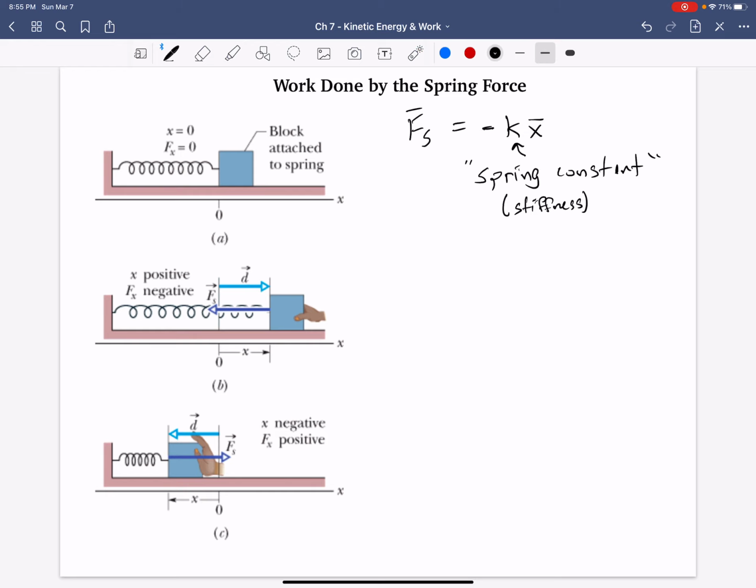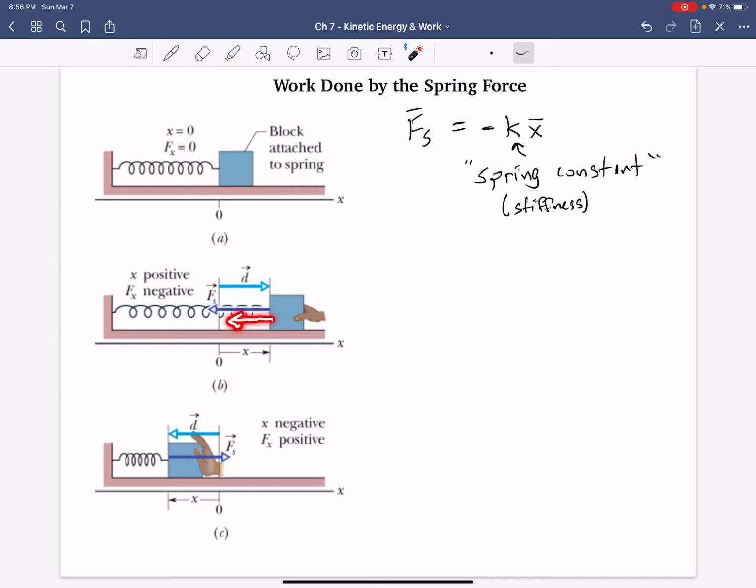So what we'll do is calculate the work done by the spring for several different cases. What is shown here is just two different ones. Let's take a look at when you release this block. Starting from this position, when you release it, what's it going to do? It's going to be pulled to the left and accelerate to the left.